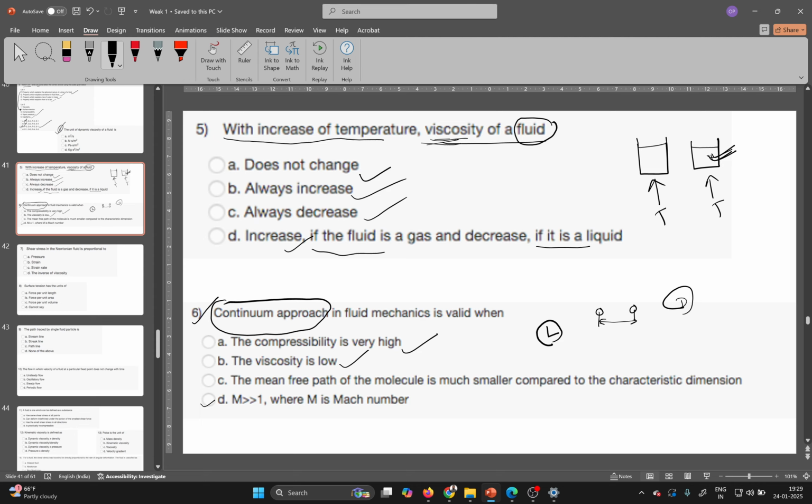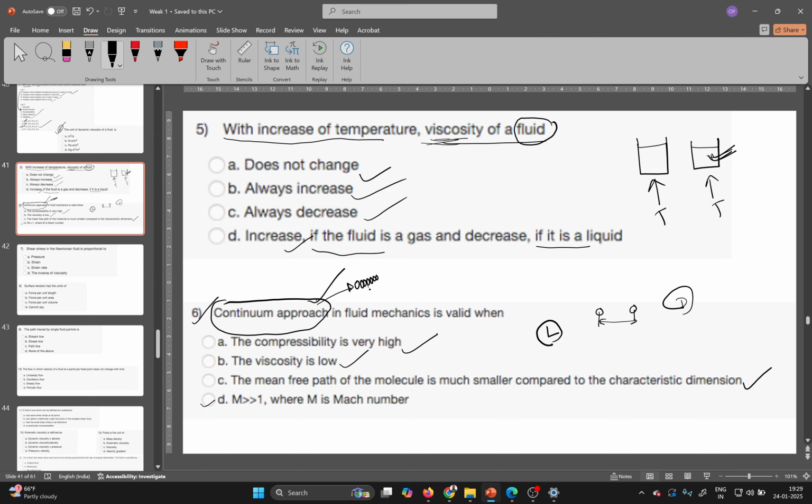We have seen in the case of fluid, this is valid. So that's why we are assuming the continuum approach. Continuum approach means, as a simple definition, all the fluid particles connect with each other, there is no gap between the fluid.